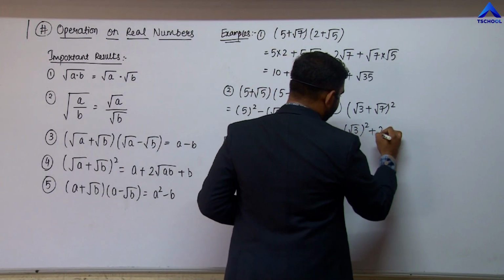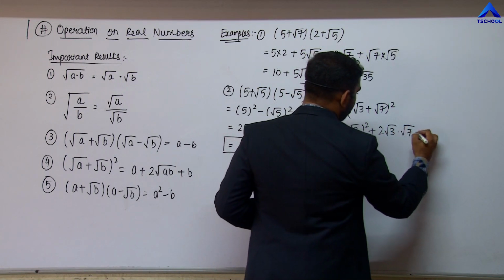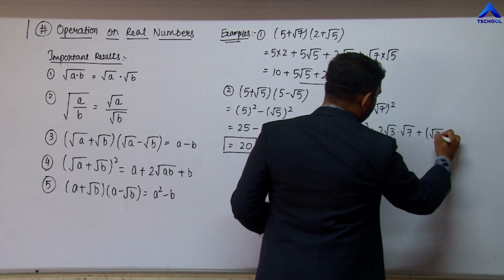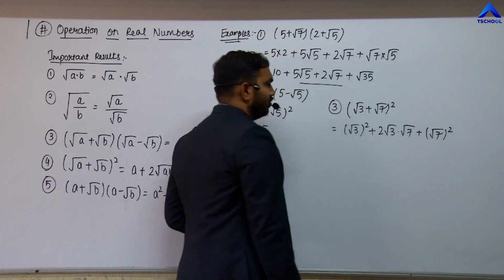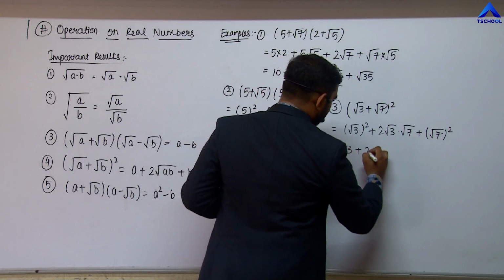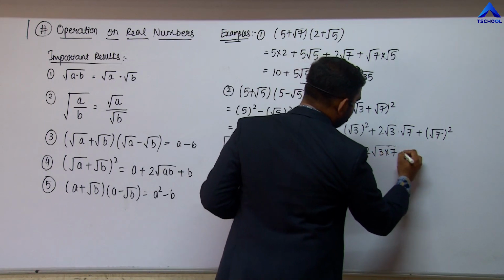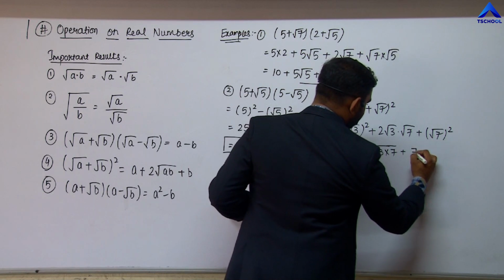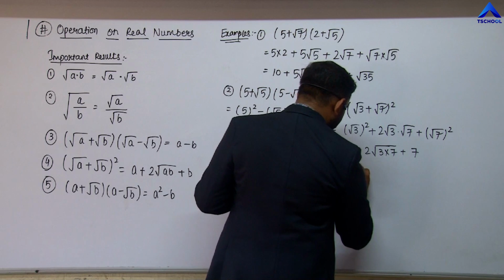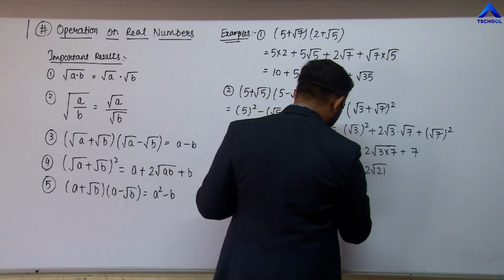So that becomes root 3 square plus 2 into root 3 into root 7 plus root 7 whole square. What is root 3 square? 3, plus 2 into root 3 into 7, or you can simply write 3 into 7, plus what is root 7 square? That is 7. So 3 plus 7 is 10, plus 2 root 21.